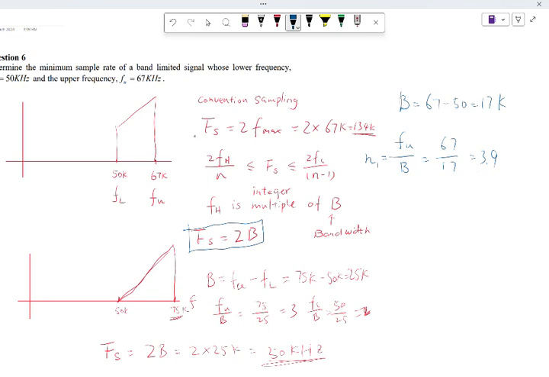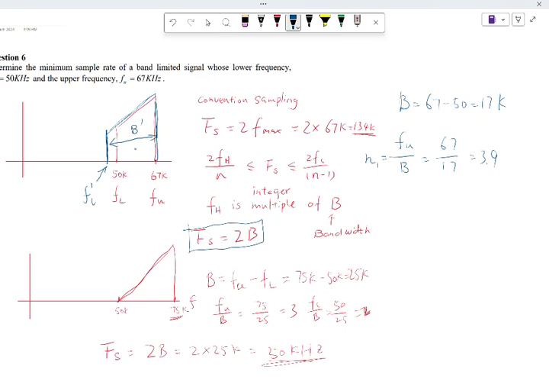The idea is that we can assume this signal has a wider bandwidth. We can assume this signal has a new lower boundary frequency, FL hat, so we have a new bandwidth B hat.